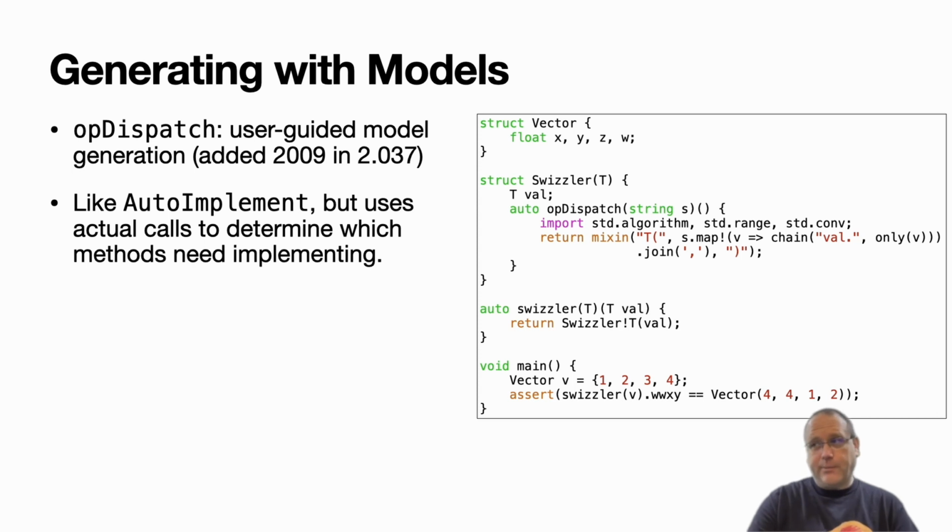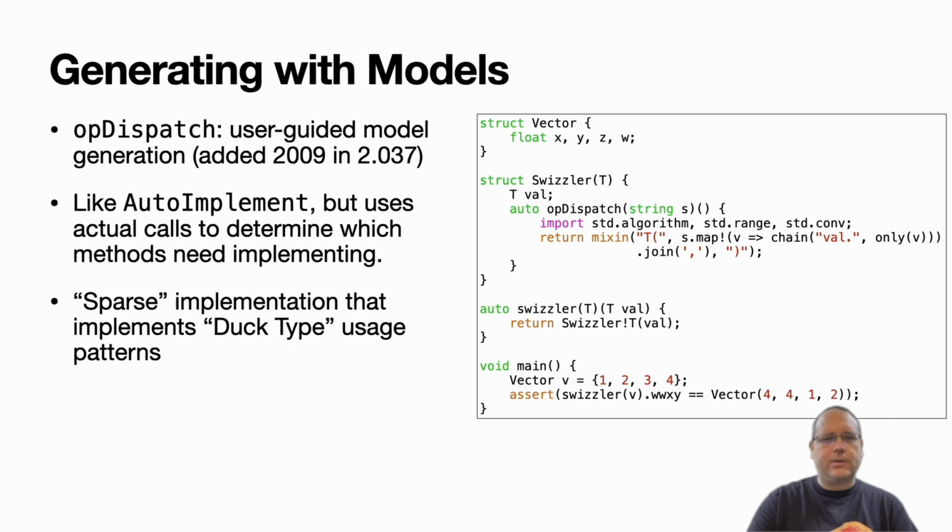With auto implement, we had to implement all the abstract functions, and we didn't have any extra ones we could implement. Notice that this one, I only call opt_dispatch once, so I only have to implement one function. So it's like a sparse implementation. The possibility is there if you use it, but it doesn't need to be there. You don't have to generate every possible swizzle that could possibly happen here.